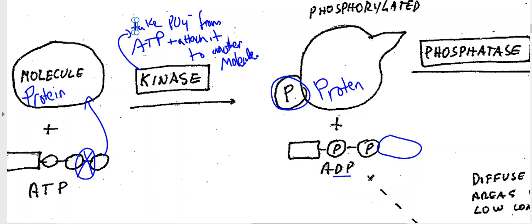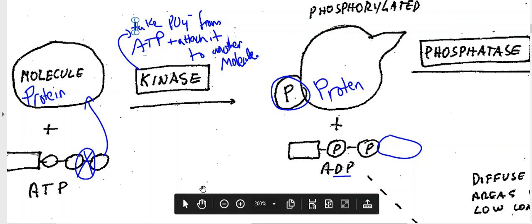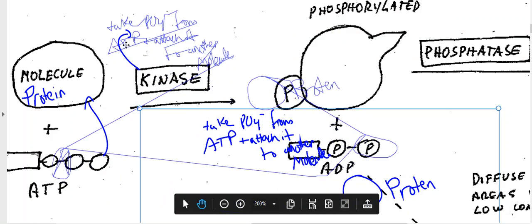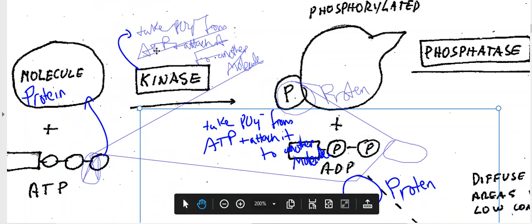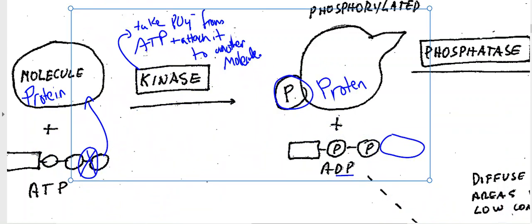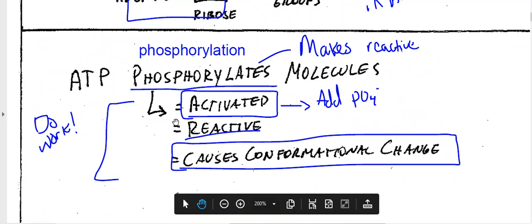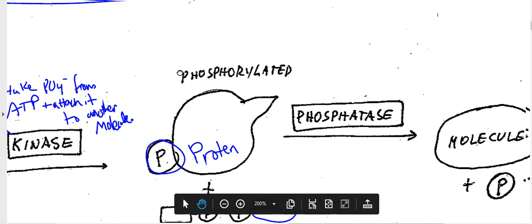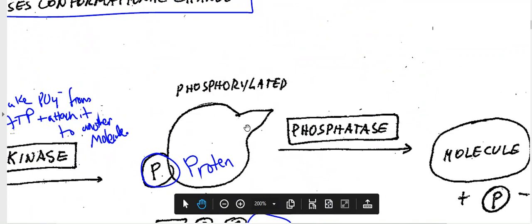And remember we talked about what happens whenever you do this: you are going to activate. You're going to make this molecule reactive. You're going to cause a conformational change. So this is why it looks a little bit different. We've caused a shape change in this molecule.